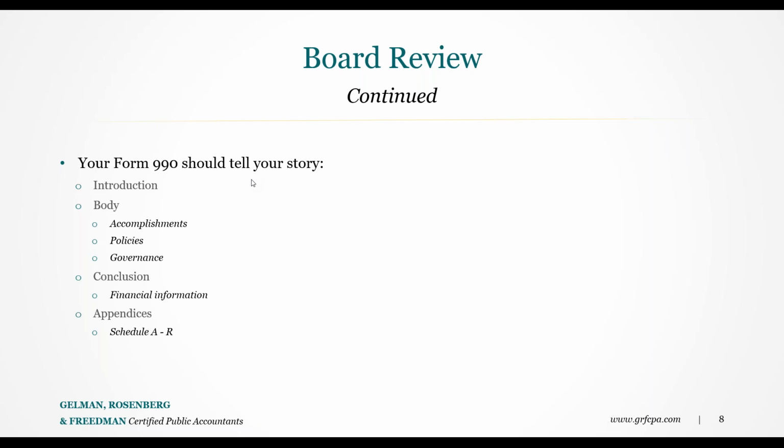Form 990, however, starts with a brief snapshot of the organization and then really dives into the missions and accomplishments of the organization, what the policies are, certain things that may have occurred during the year. So all of that information is informational to the IRS. Financial information comes at the end.